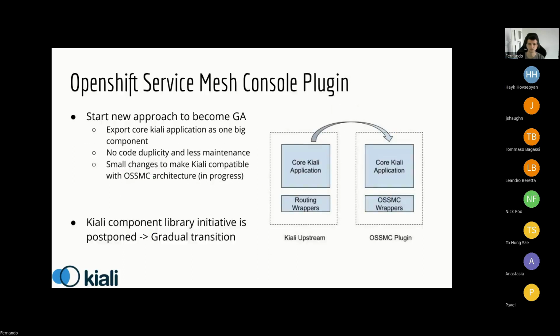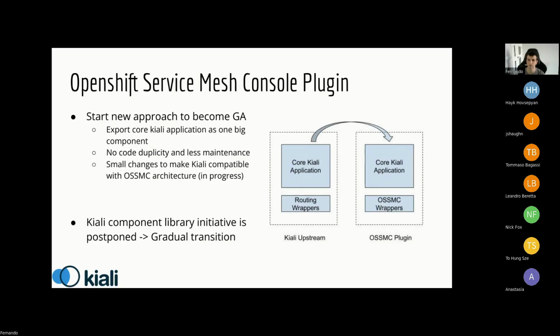Okay, next one, let's talk about the OpenShift Service Mesh Console plugin. As you remember from previous sprint demos, our target is to make the OSSM plugin become GA, to remove the iframes and make it native components.